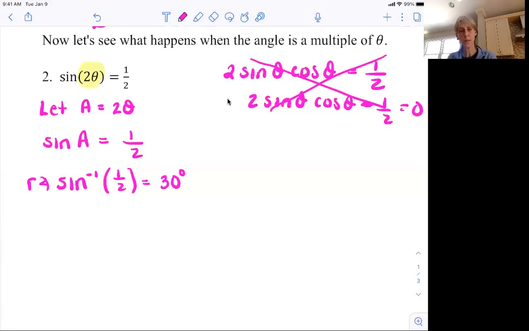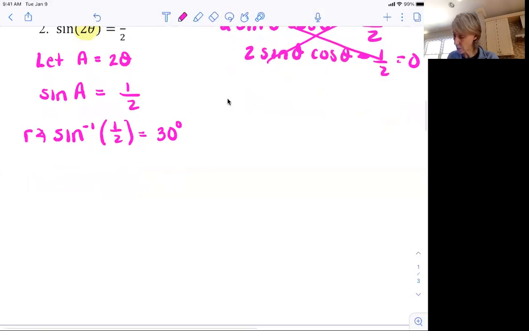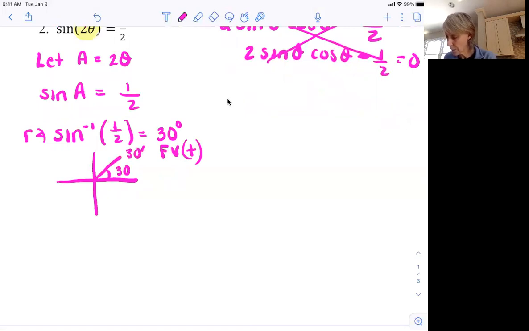30 degrees. Now here's where things are, well, not yet, not just yet. So we have our one solution and our function value is positive. So the solution here, our reference angle is 30 in quadrant 2, because that's where the sine is positive. 180 minus 30 is 150.